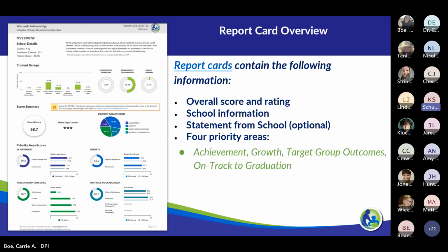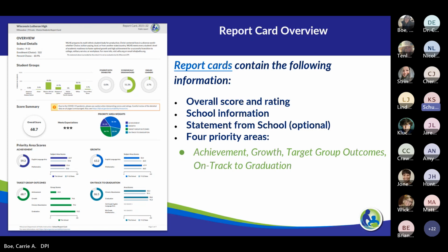And speaking of examples, you will see on the left side of the screen the front page for a report card, and you can get a little bit of a high-level sense of the different areas involved, although you might not be able to see it the best, so I apologize for that. But ultimately, what you're going to see is the following information. High level, you're going to see an overall score and rating. And how that's developed is each school receives an overall score from 0 to 100.